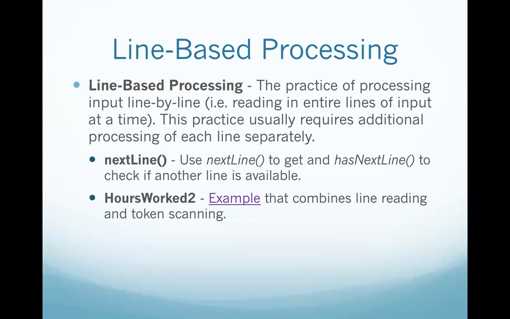A good example of that is HoursWorked2. It's from the book, and it uses a combination of line-based and then token-based scanning. So it'll read a line at a time, and then will process each line according to their specific tokens in each type of token. Let's go through that in Eclipse.